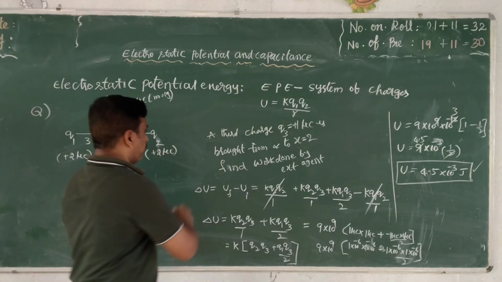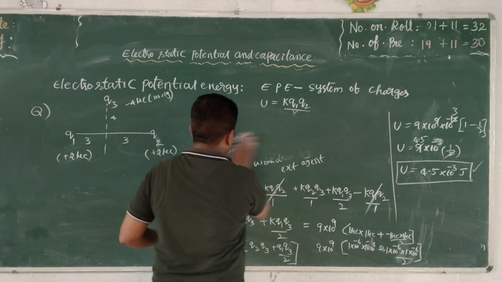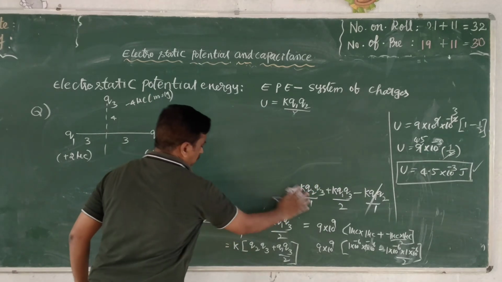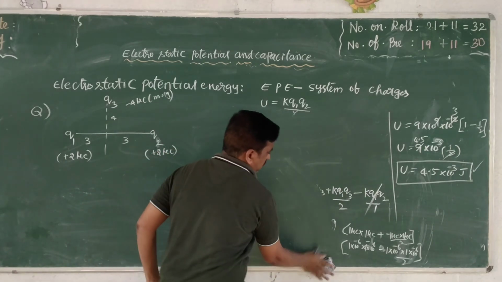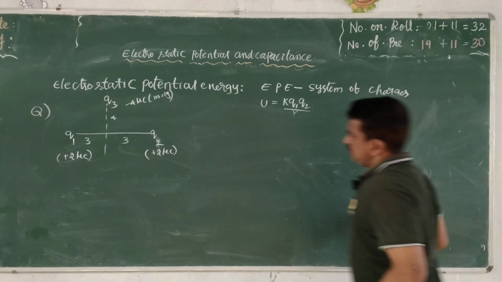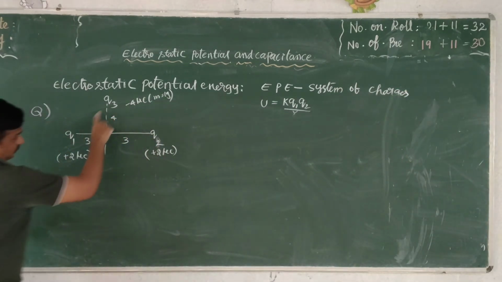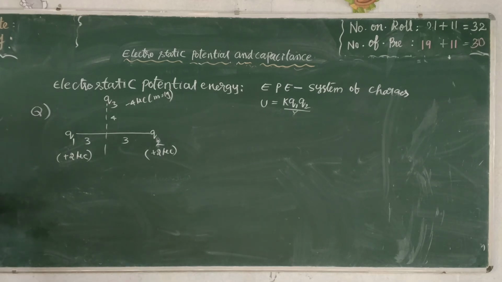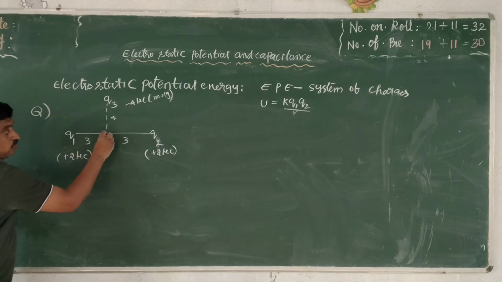What is the problem here? If the Q3 charge is left from rest, find the speed of the Q3 charge when it reaches 0 nearly. 0 means this center point.